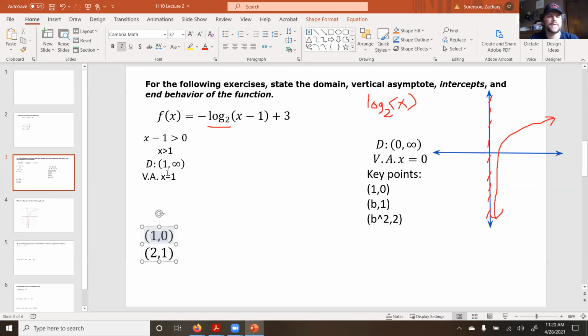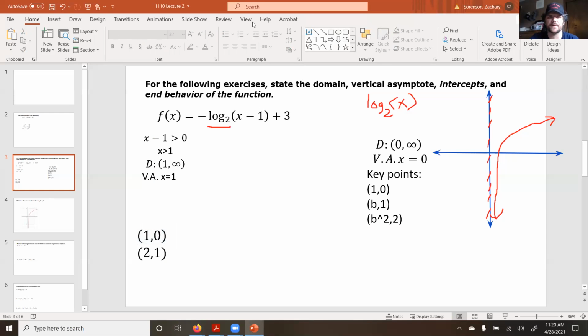Right, because outside of identifying my vertical asymptote and my key points, which I just told you, this process is something we've seen twice, maybe 3 times at this point. I identify my transformations, I apply them to my key points, and then I should be able to graph.